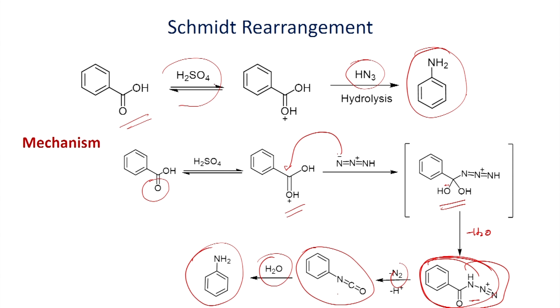Here the acid has been reacted with HN3 in the presence of acid, then you will be able to form the acyl azide. Once you form the acyl azide, since you carry out the reaction in the presence of acid, it can readily undergo rearrangement to isocyanate by removal of nitrogen molecule. And once you form this one, which can be further reacted with amine, for example, or any nucleophile to give the addition product.